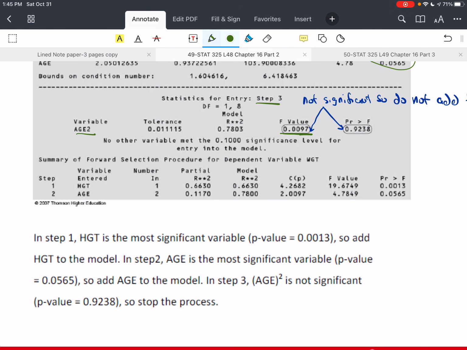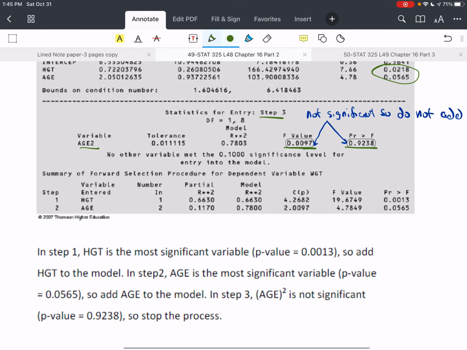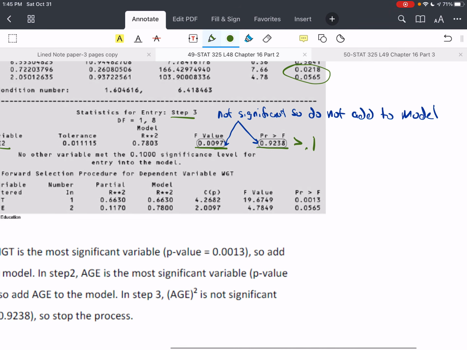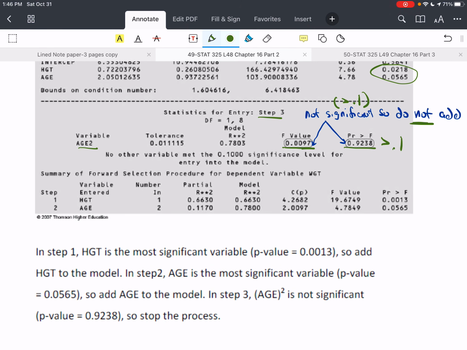So once we have x1 and x2 in the model, we look at x3, which is age squared, and the p-value for this, if we add it to the model, is 0.9, which is bigger than 0.1. Not only is it not significant, it's greater than 0.1, our cutoff, so we do not add this to the model.